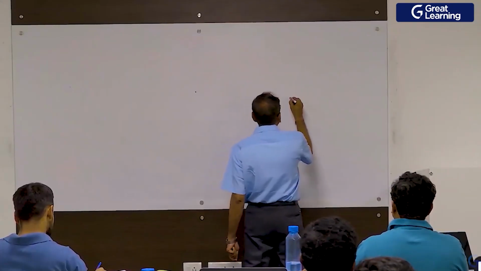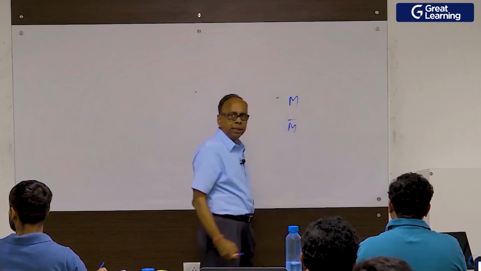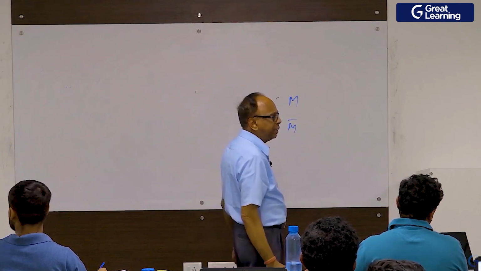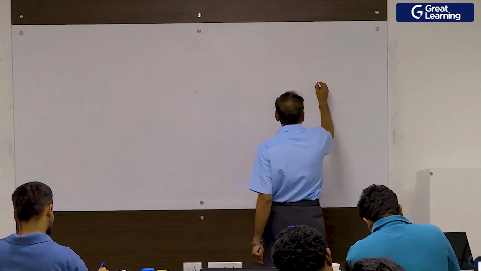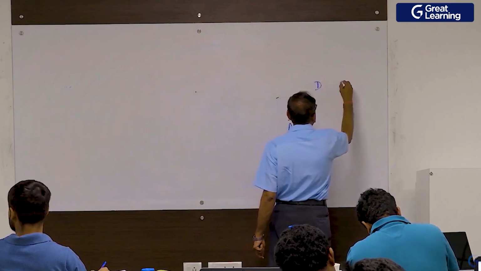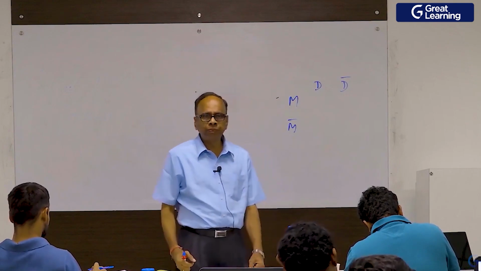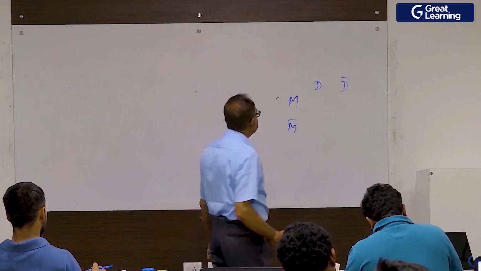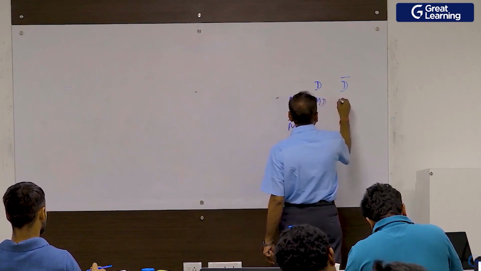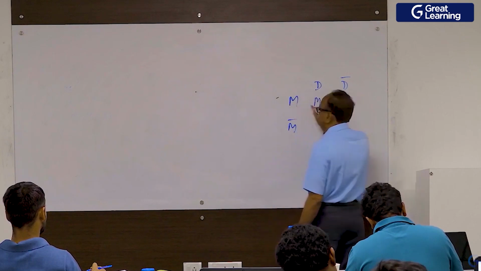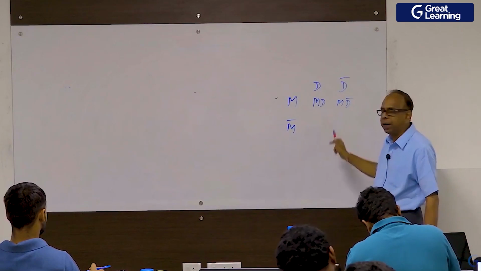Supposing I put here M bar. M bar is single, M is married. Then I put here college degree D and D bar. Okay? And this is MD bar. This is a joint probability principles, MD bar.